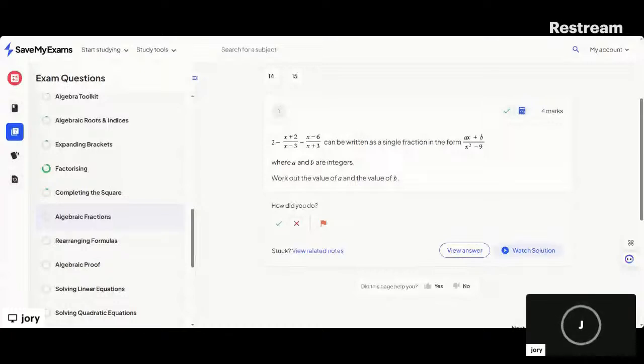You can multiply by the denominator. So it's going to be 2x squared minus 18 over x squared minus 9 minus 14x.